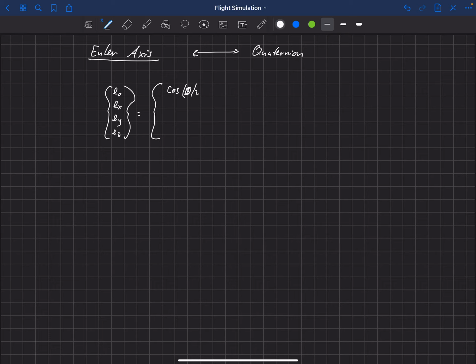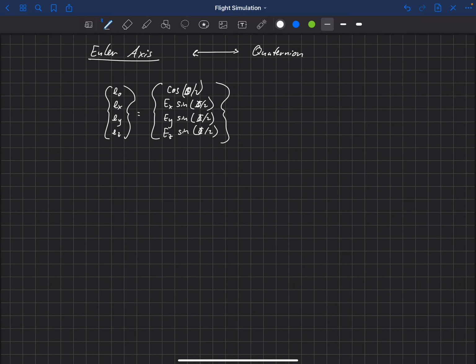Remember, that's the angle that we're rotating about the Euler axis. And then Ex times sine of theta over 2, Ey sine of theta over 2, and Ez sine of theta over 2.